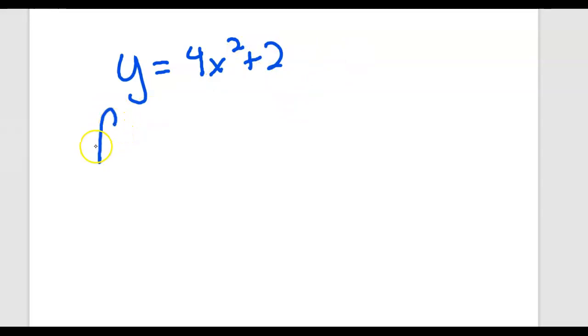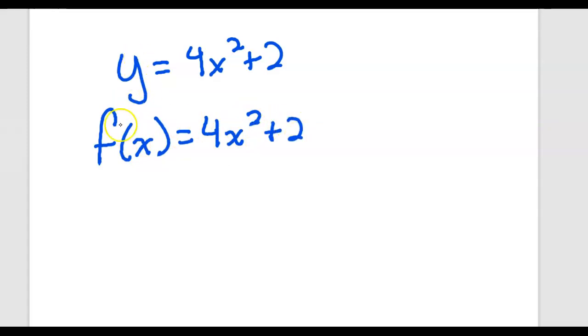So if I look at a function, if I have y is equal to 4x squared plus 2, I can write that in function notation, f of x equals 4x squared plus 2. These two things mean the exact same thing.